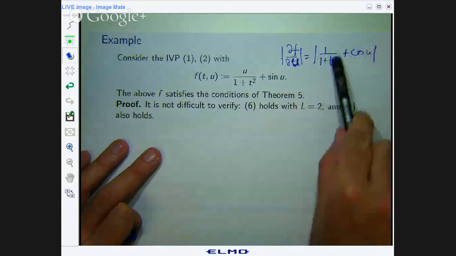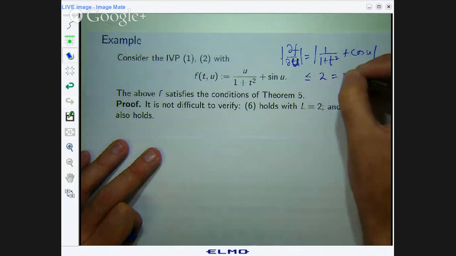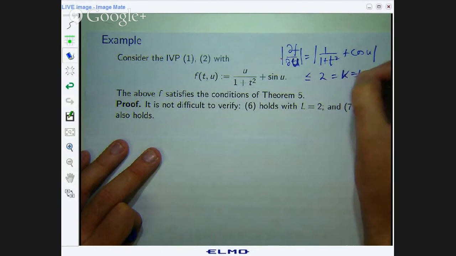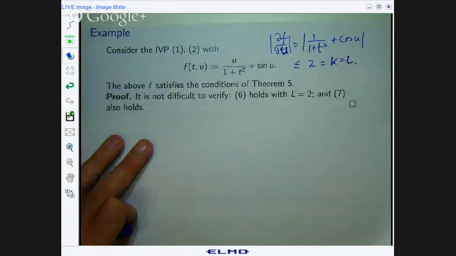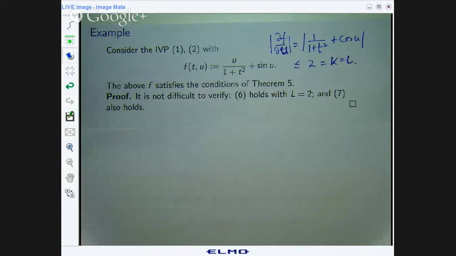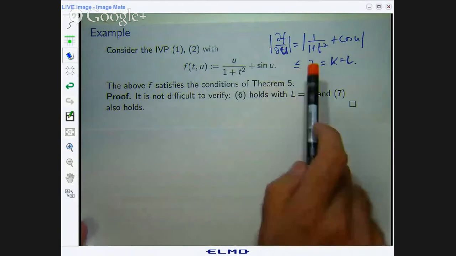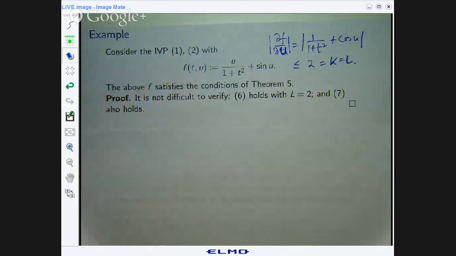And this will be bounded by 1, and this will be bounded by 1, so that would be your Lipschitz constant. Okay, this satisfies all the conditions of our theorem, and therefore this, subject to this as the right-hand side of your differential equation with some appropriate initial conditions, has one and only one ML bounded solution. So that's just a really simple one.